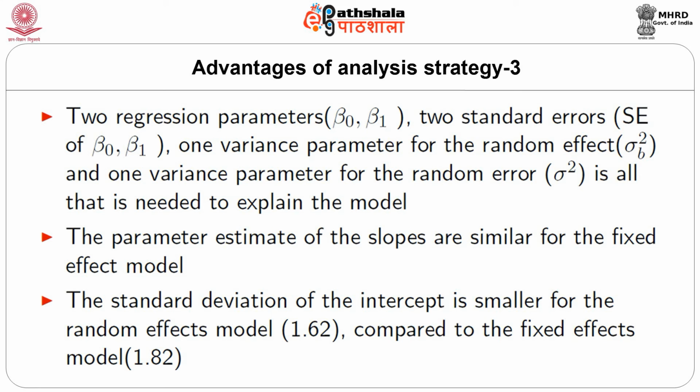So, sigma square b and sigma square epsilon are all that is needed to explain the model. And what we also observe is that the parameter estimates of the slopes are similar to the fixed effects model. However, if we see the standard error for the intercept parameter, then it has reduced for the random effects model as compared to the fixed effects model.